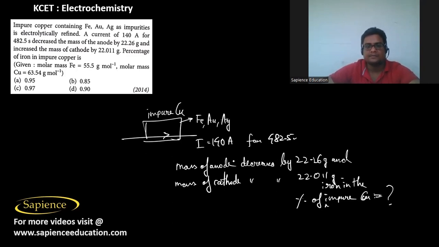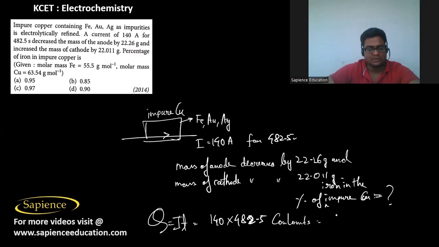So here the net charge which has flown through it, Q equals I into T, is equal to 140 into 482.5 coulomb. So that will be equal to 67550 coulomb. So this much charge has flown through the impure copper.